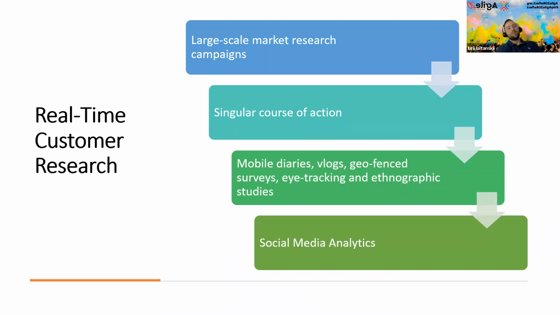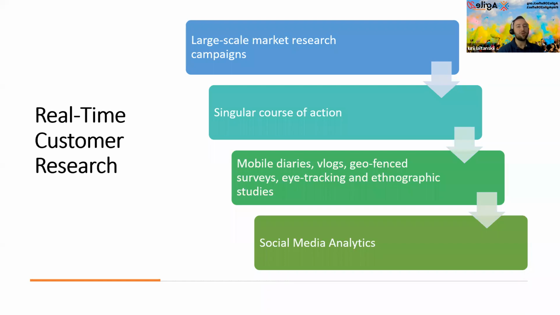In this case, it's usually large-scale research, right? We usually use large-scale campaigns which have a singular course of action. This type of research is technology-based, okay? So we use social media analytics, big data analytics, business intelligence, and so on, as well as some more technology-related stuff like mobile diaries that allow us to know about customers' day-to-day interaction with our applications.